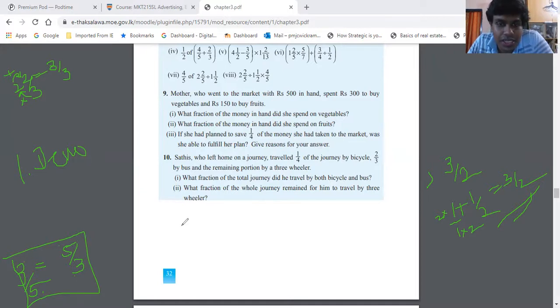What fraction of the total journey did he travel by both cycle and bus? By both cycle and bus. The fraction of the total journey.